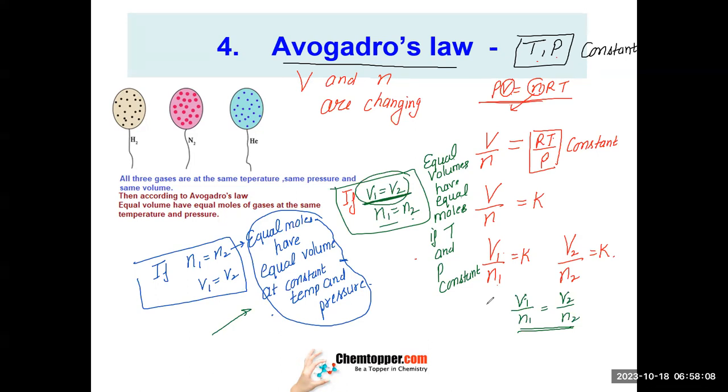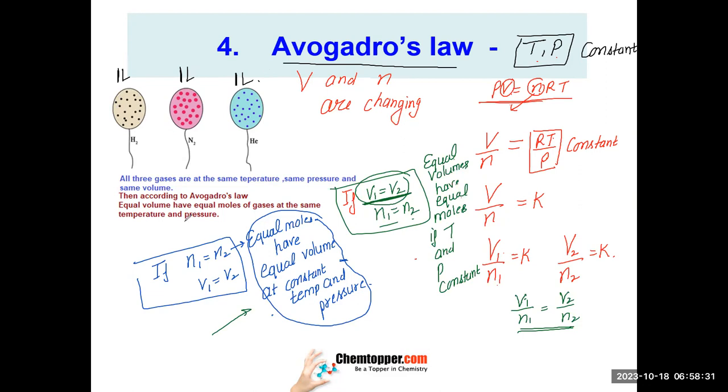Now let's see the application part. This is your Avogadro's law. Let's say this balloon is 1 liter. This is also 1 liter. This is also 1 liter. Please answer my question very carefully and very smartly.